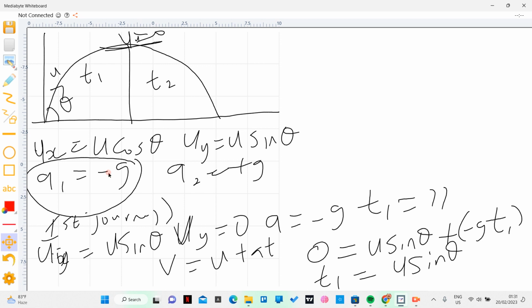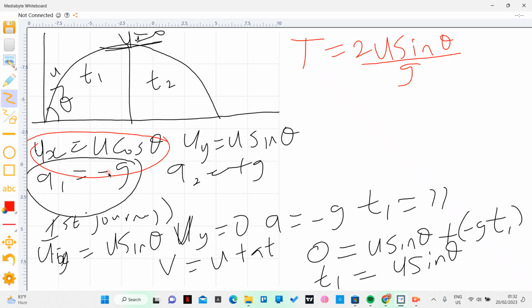To know our total time of flight, T, is equal to 2u sine theta over g. And then our range, since we're having a horizontal and a vertical component, to calculate our range, which is the horizontal distance, I'm going to use horizontal components, as I said, which is your u cos theta.